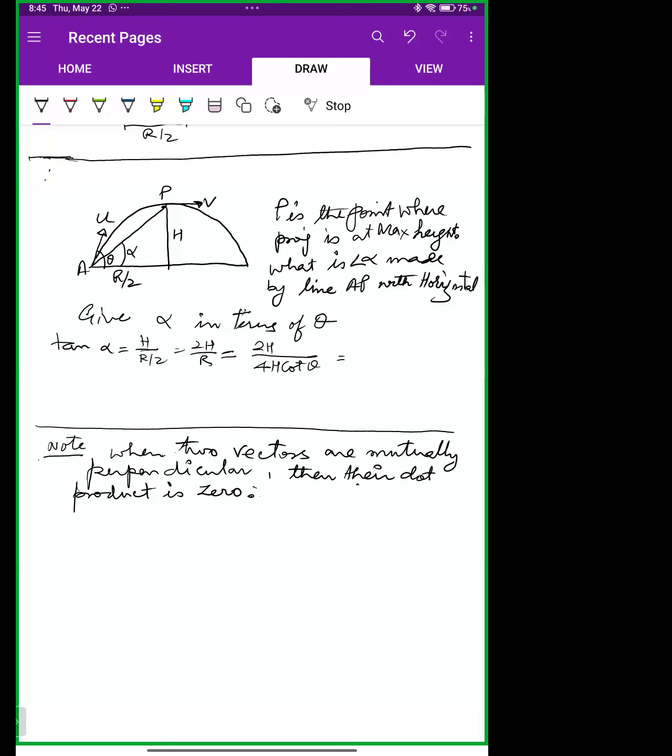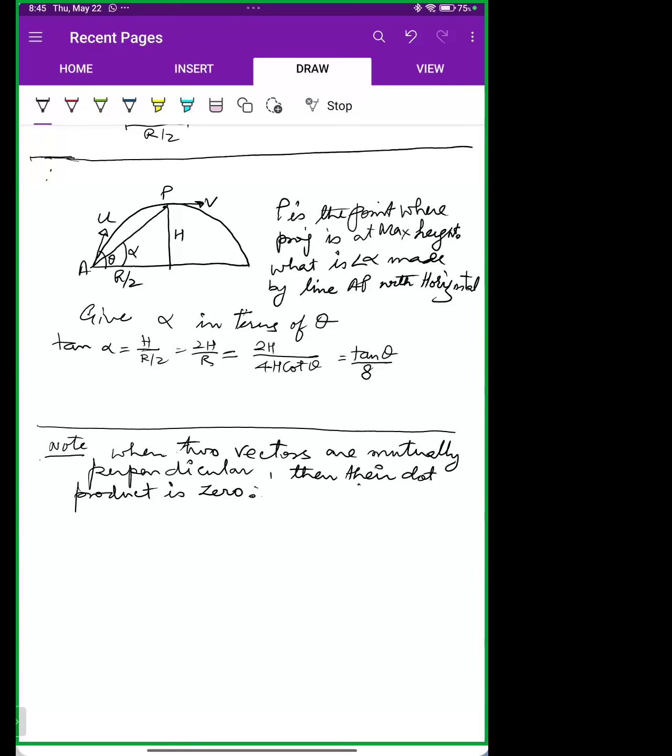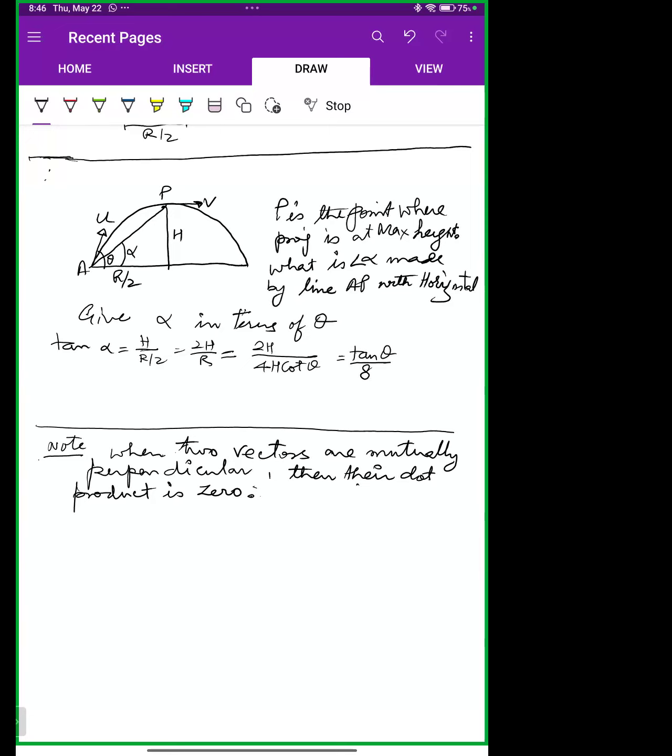So that becomes tan theta upon 8. Not 8, it is 2. Sorry. Tan theta upon 2. Tan alpha is tan theta upon 2.